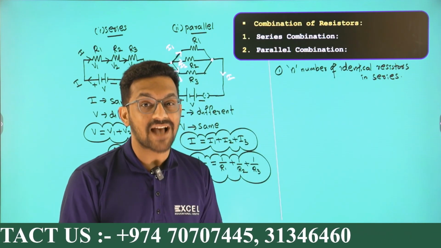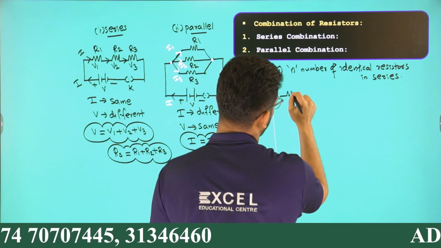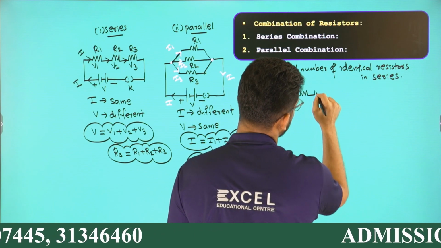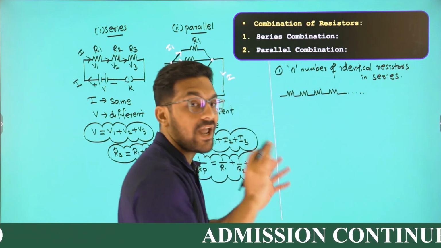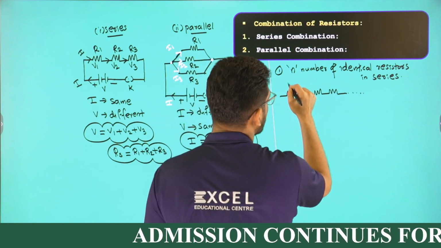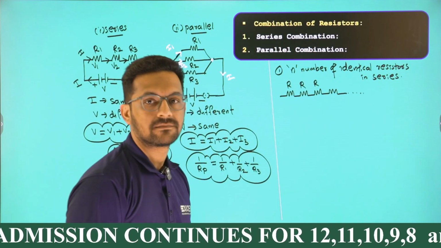Each resistor has the same value. First resistor, second resistor, third resistor, fourth resistor, etc., up to n number of them. Each of them has the same value of resistance R.